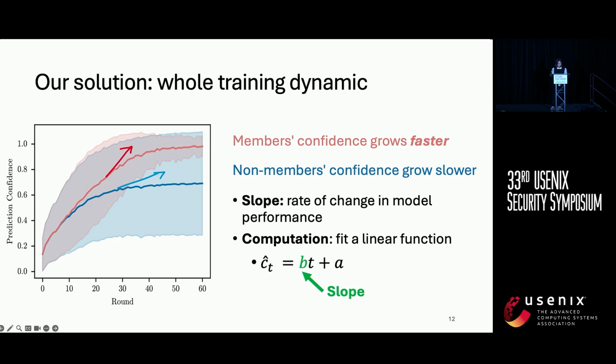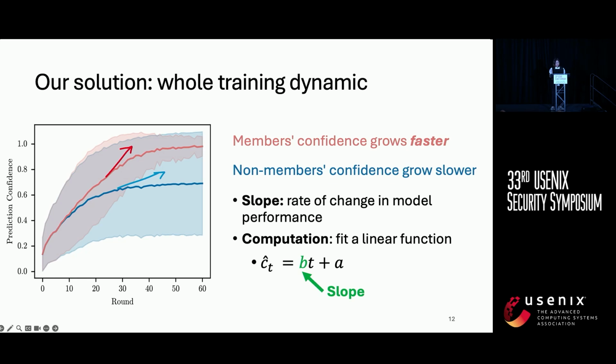Now, when we examine the performance dynamic over time, we notice that the prediction confidence score increases more rapidly for the members compared to non-members. So the intuition here is that each model update should impact the model performance on the two groups differently, so their performance should change at different speeds.